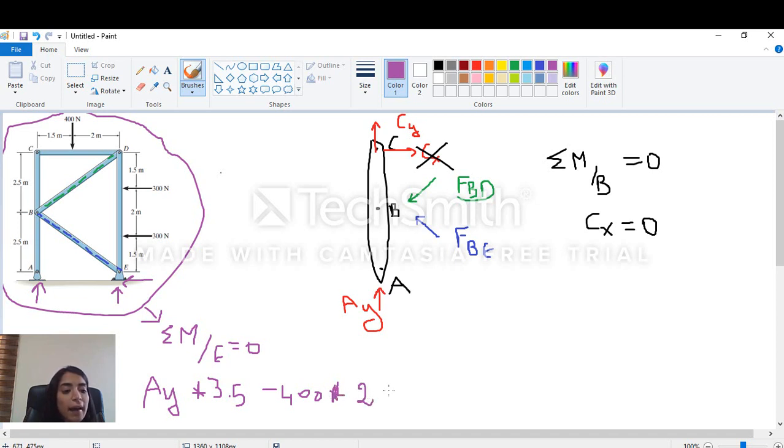And then I have minus 300, which is this one, times this distance right here, 3.5. Then I have another force, which is also 300, so minus 300, but times 1.5.